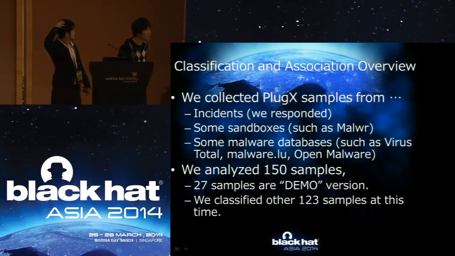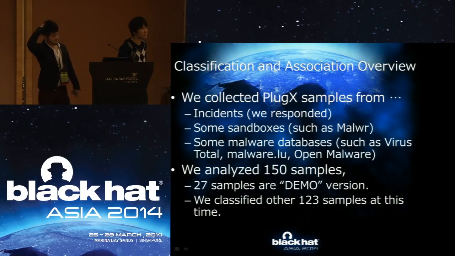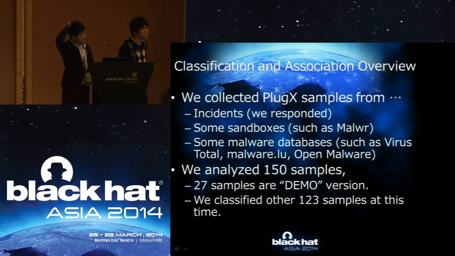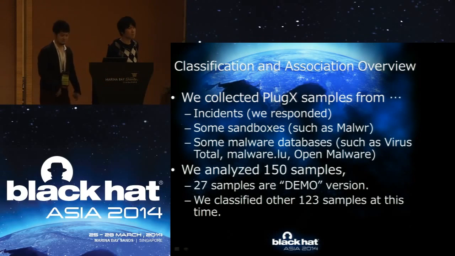Was the malware used against only one organization or several organizations, only the financial sector or different sectors? Do you have any idea whether the malware or attacker group targets a specific sector?